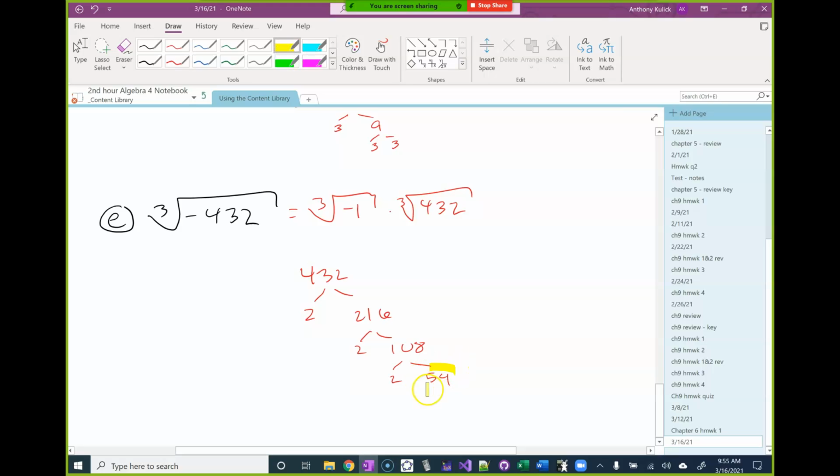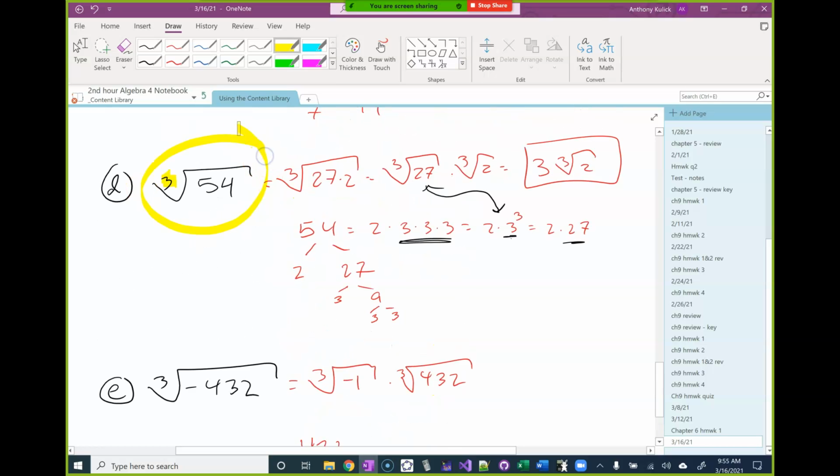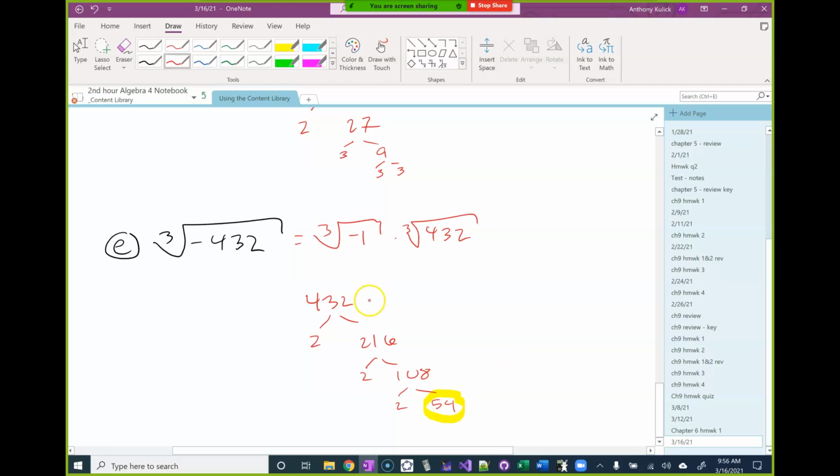So here what we have, 2 times 2 times 2 times 54, or really 8 times 54. So I get 3 times the cube root of 2. So the cube root of 54 we did in the previous problem.